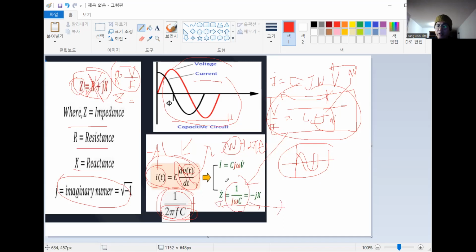If we multiply j times j here, j j is minus 1. So minus 1 times omega C and j, we will just say minus j omega C. Here's the minus j.